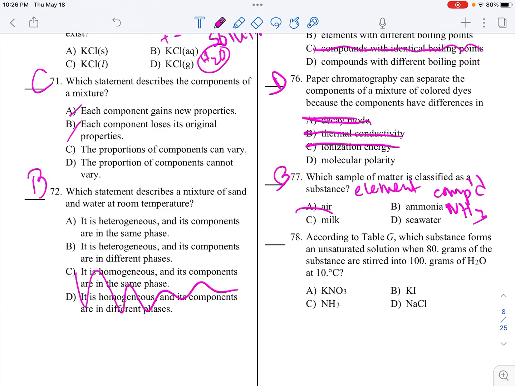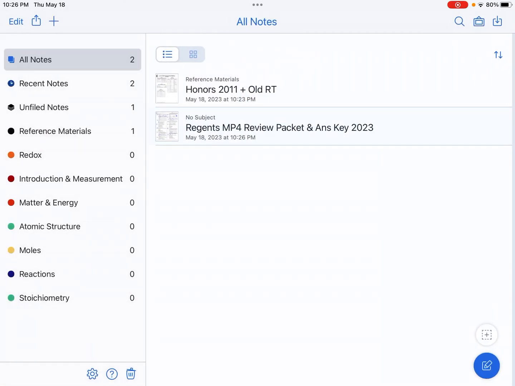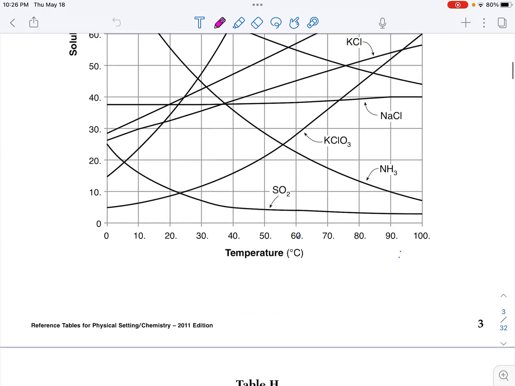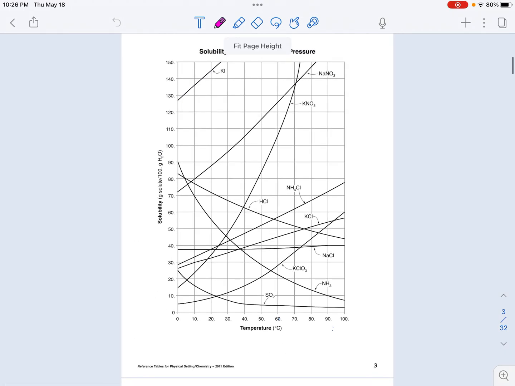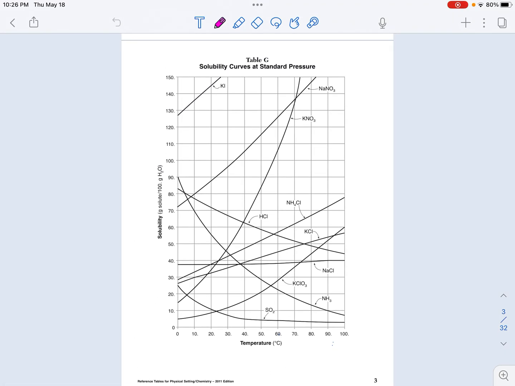According to table G, which substance forms an unsaturated solution when 80 grams of the substance are stirred into, and so on. Okay, so let's go to table G. KNO3 at 10 degrees.